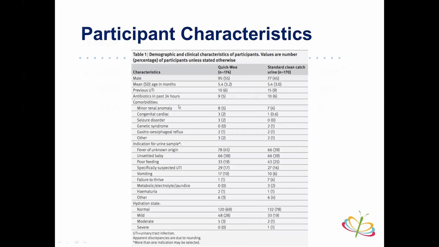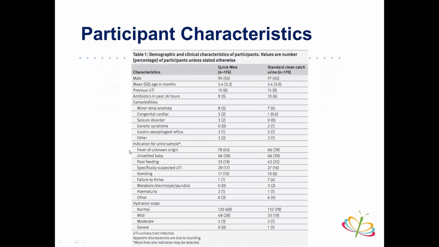Comorbidities that the patients had: minor renal anomalies, congenital cardiac disease, seizure disorder, genetic syndrome, gastroesophageal reflux. And again, fairly equal between the two arms. Indication for getting a urine sample, as I mentioned before, what patients required a urine sample.